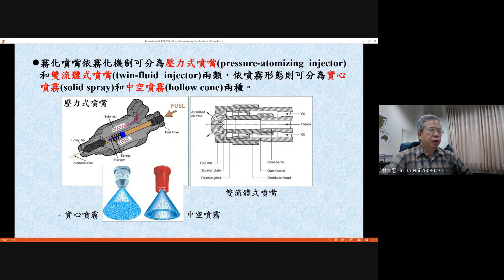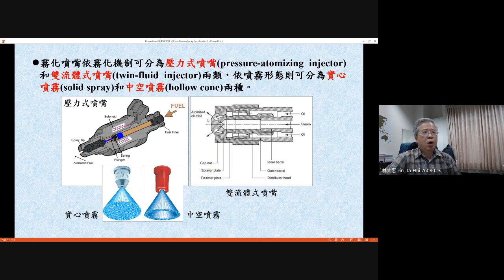The left-hand side shows you the so-called solid spray. Solid spray represents that the interior of your spray contains many droplets. If you take a cross section of your spray cone, you will find that all positions contain a certain amount of droplets. Actually, the whole region of your cross section contains droplets.